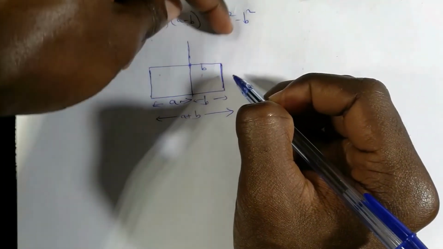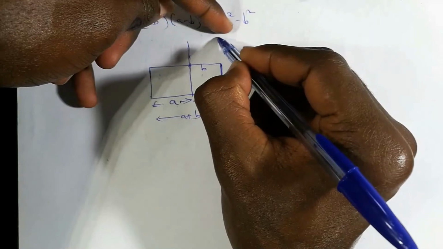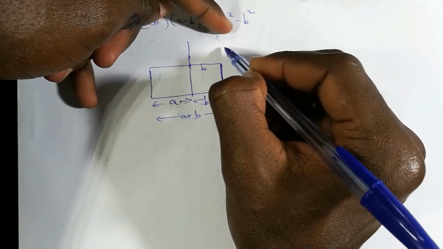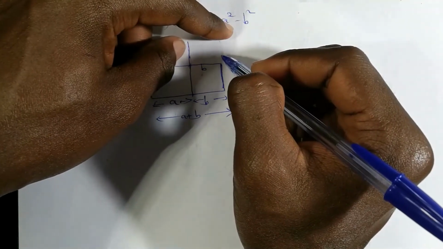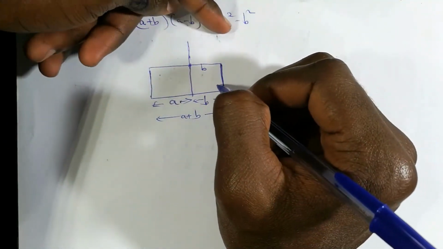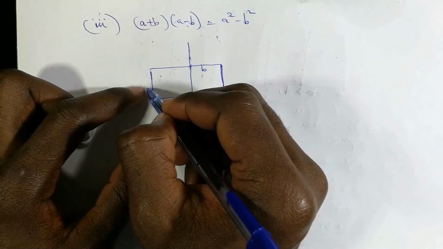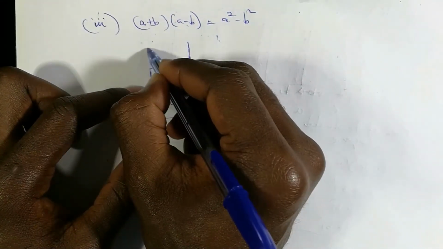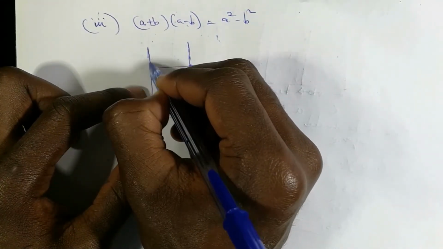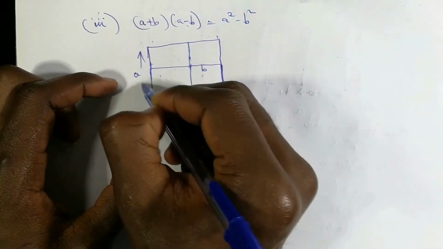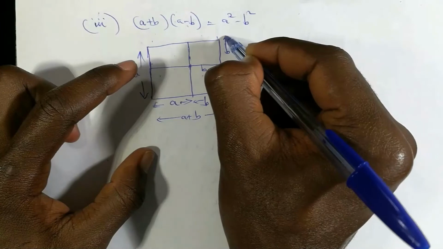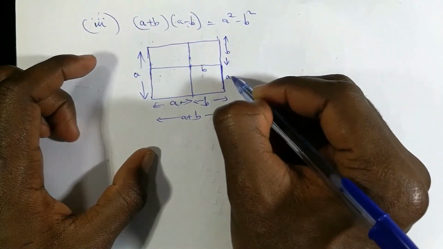We can make all of this a, then up b. Let me just make here to be a minus b. Let me just create all of this side to be a. So I want all of this to be a, so that up here is b, and I create here a minus b.